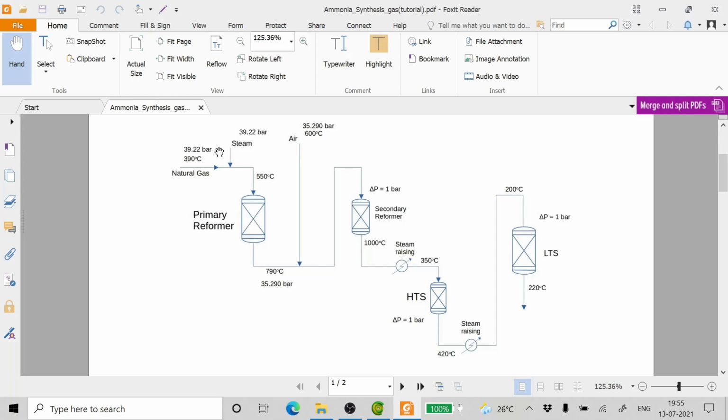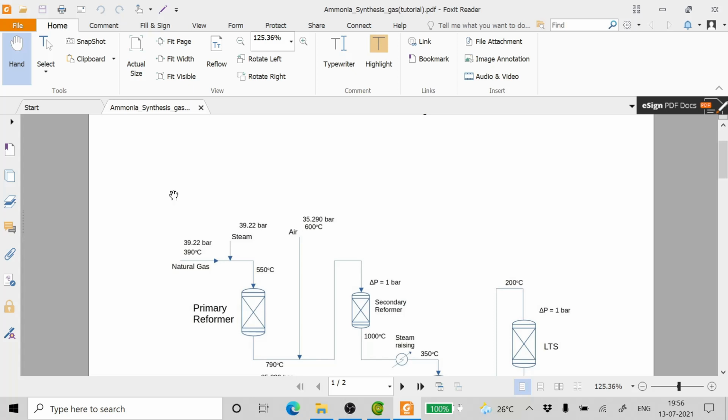But over the years, most of the countries have shifted to natural gas because natural gas is clean. There is no particulate matter in it and therefore the process is quite clean. So natural gas is the preferred starting material or carbonaceous source for producing synthesis gas.